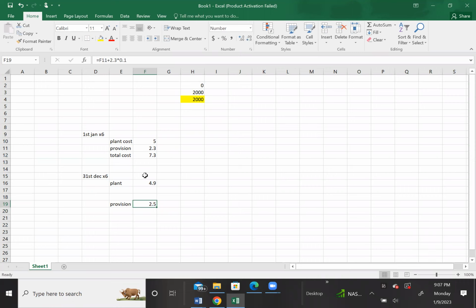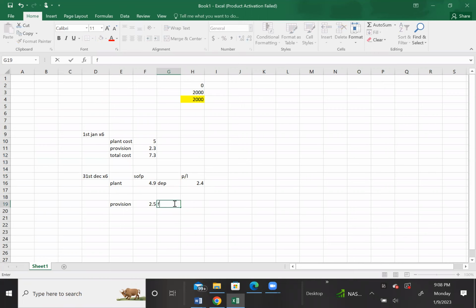And these are the values in the statement of financial position. And if we talk about the profit and loss account, there will be depreciation, 7.3 divided by 3 years. So 2.4 will be the depreciation expense for the year.